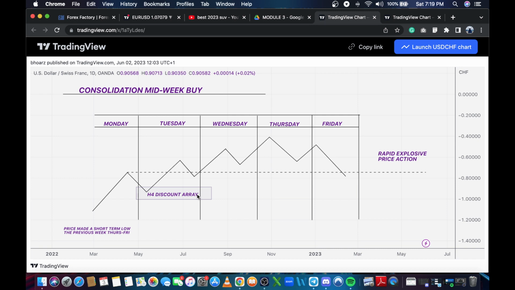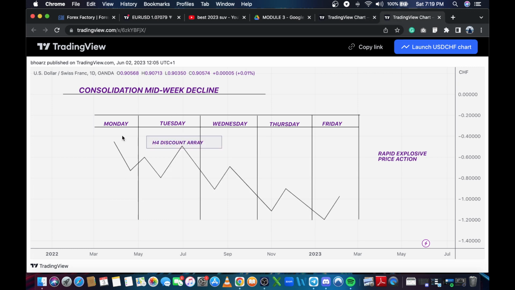So if we're looking at the consolidation midweek decline, usually the previous week, Thursday going to Friday, the market would have made a short-term, intermediate term, or long-term high. Okay, it could originate from a weekly premium or a daily premium, and the anticipation is a new delivery stage comes to the marketplace. A new higher time frame delivery stage should form.